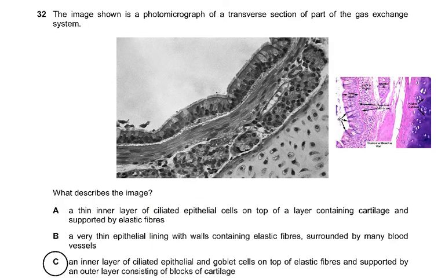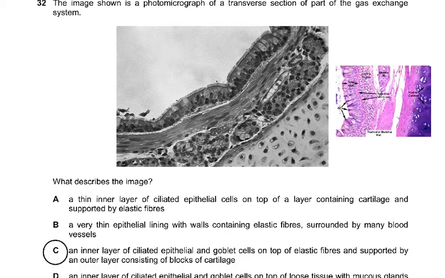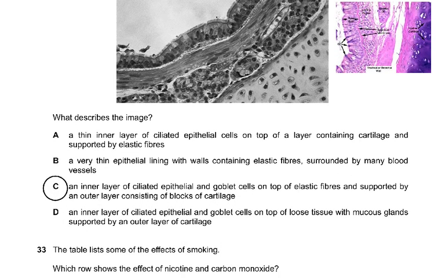Question 32, the image shown is a photomicrograph of a transverse section of part of the gas exchange system. What describes the image? A thin inner layer of ciliated epithelial cells on top of a layer containing cartilage and supported by elastic fibers. A very thin epithelial lining with walls containing elastic fibers surrounded by many blood vessels.